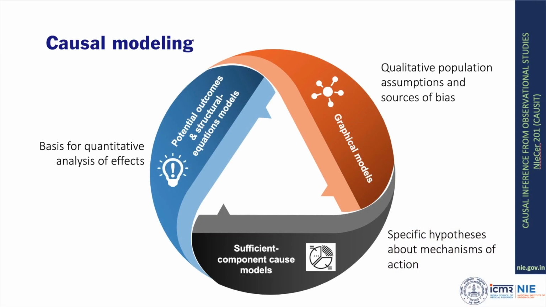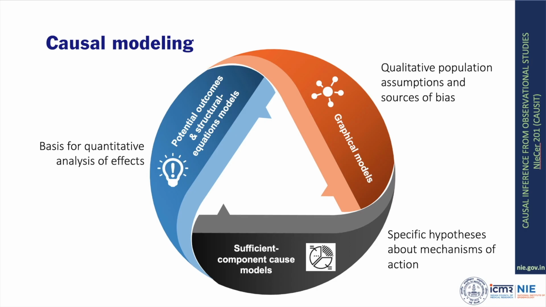So to summarize, what we have seen are various models or approaches, the theoretical framework, to make causal inferences, more so from observational data. We have seen that the sufficient component cause models provide us specific hypotheses about how the causal mechanism occurs, and what the interaction is amongst various risk factors or causes for a particular outcome to occur.